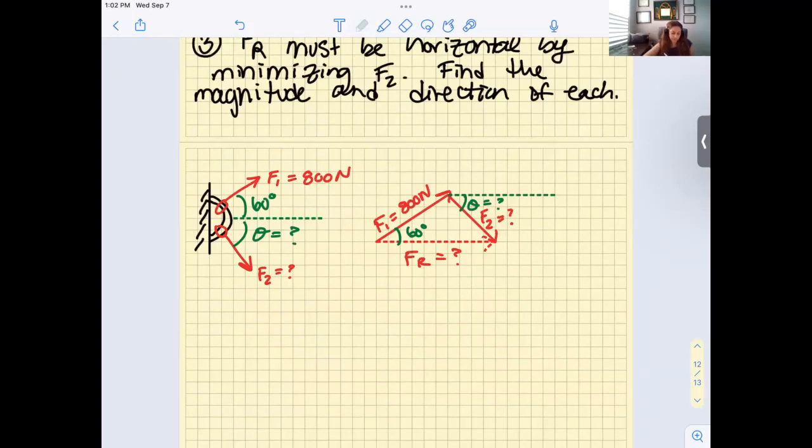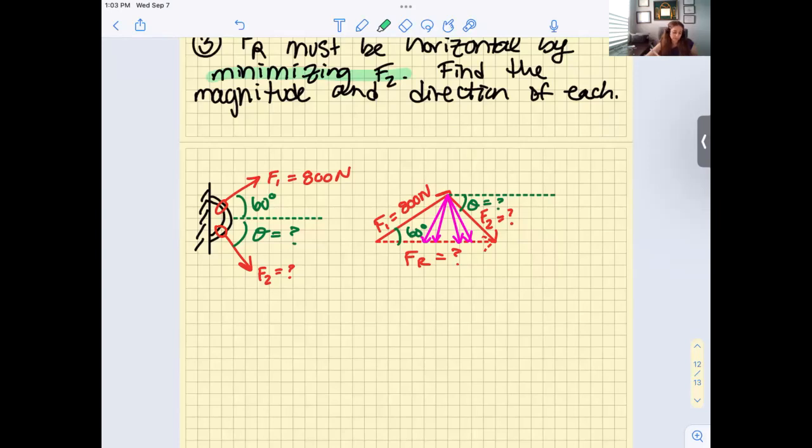Here's the thing. Because we don't know the angle, F2 could be anywhere. F2 could be over here. F2 could be over here. It could be here. It could be there. We don't know what angle, right? We do know that they wanted us to minimize F2.